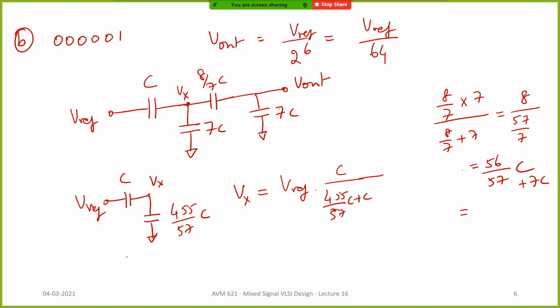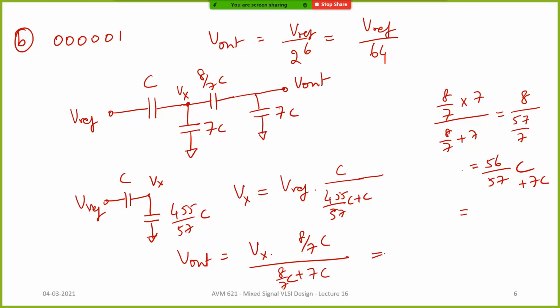Now with this you can write what is Vout. Vout can be written as Vx into 8/7C divided by (8/7 + 7).